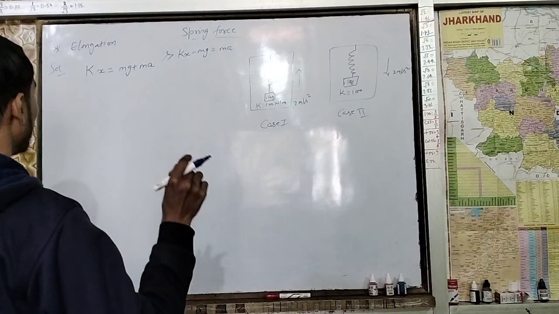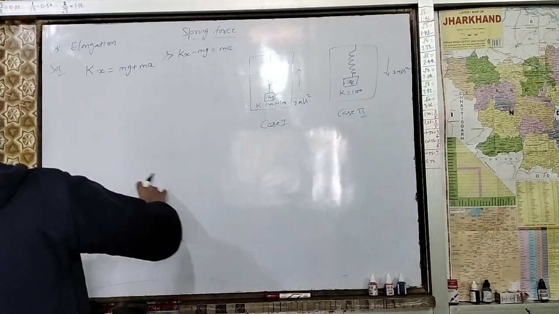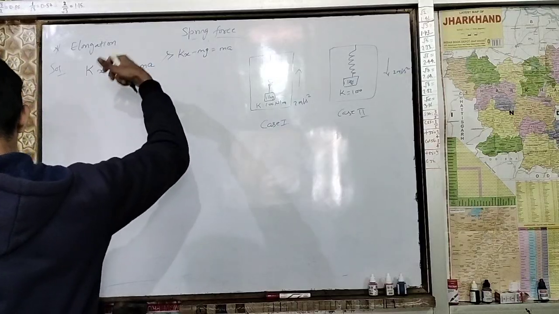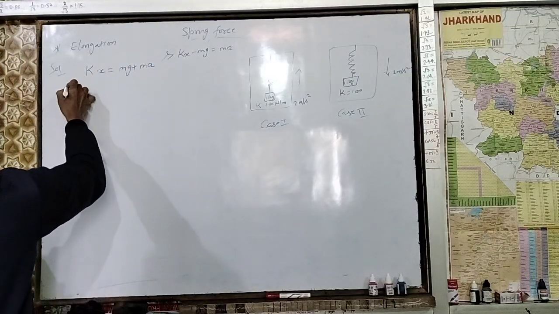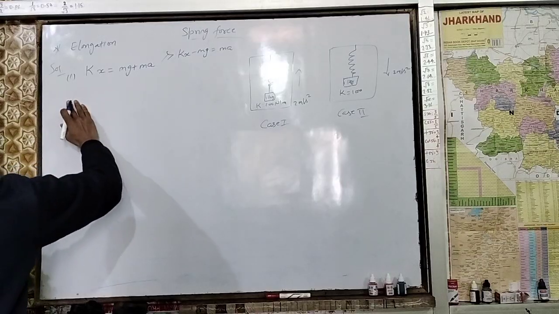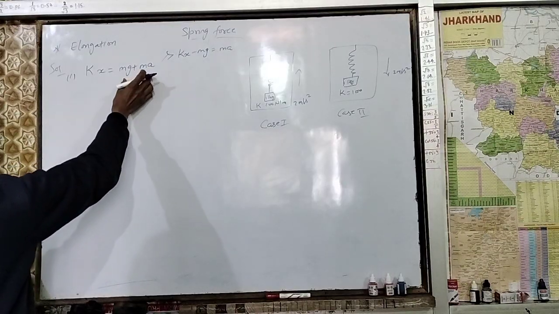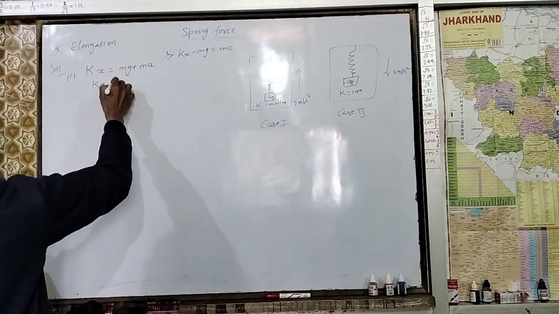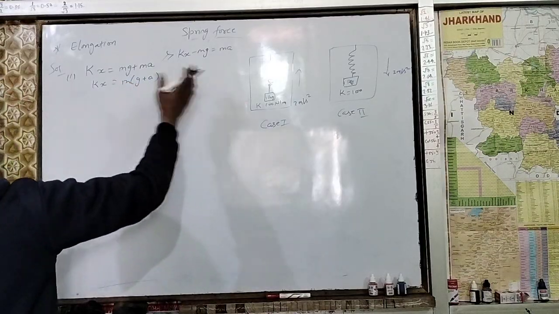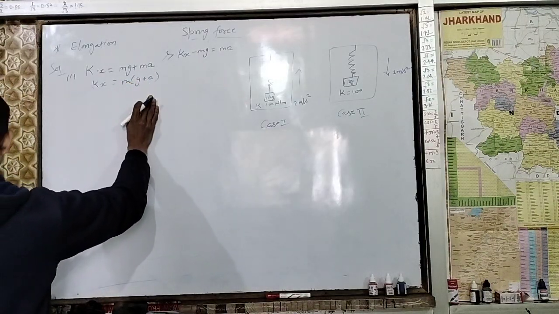You can find the elongation. Pulling upward. So in the first case, kx is equal to m times g plus a, where m is constant. It is showing that the direction of acceleration is upward.